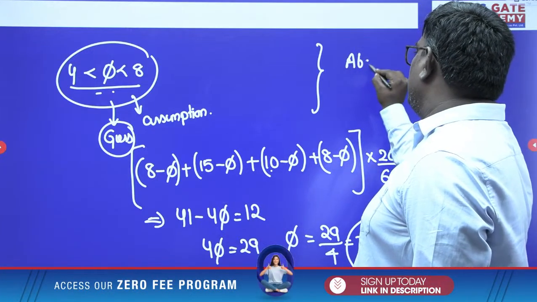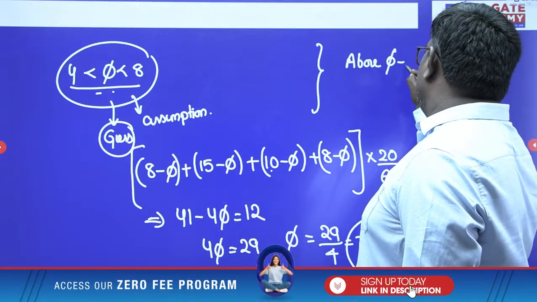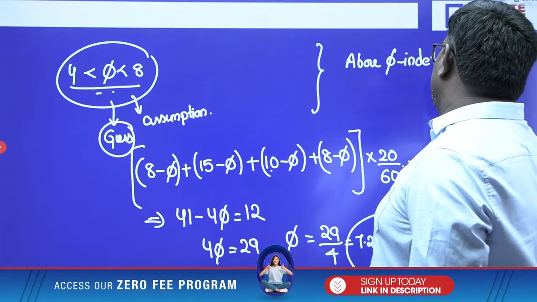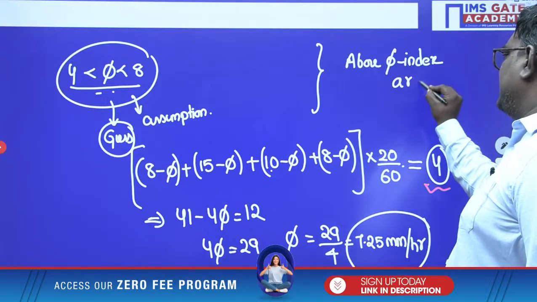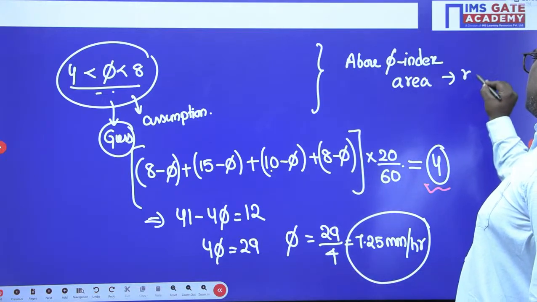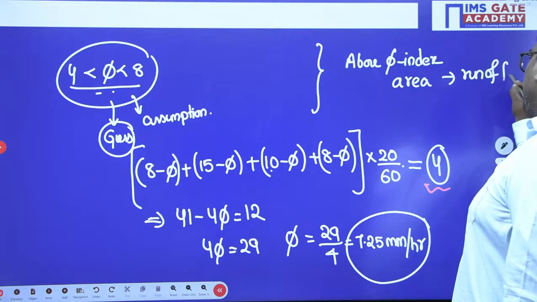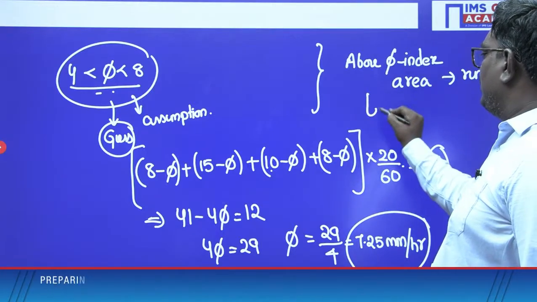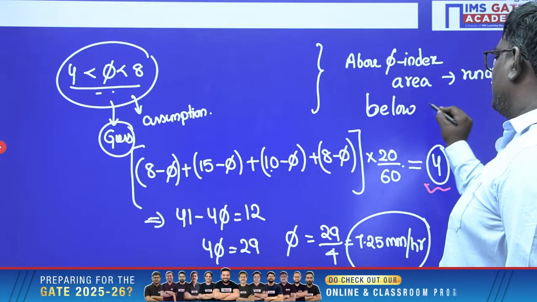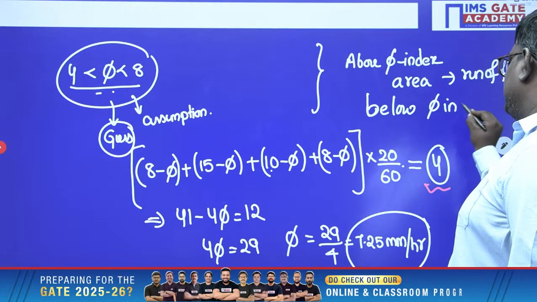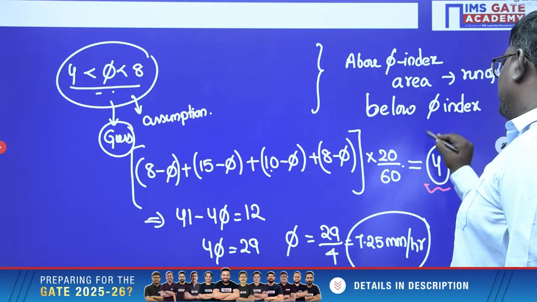Let me tell you, my dear students, whenever you are solving these problems, always remember: the area above the 5 index is runoff, and the area below the 5 index is infiltration. These are the important key points in this problem.